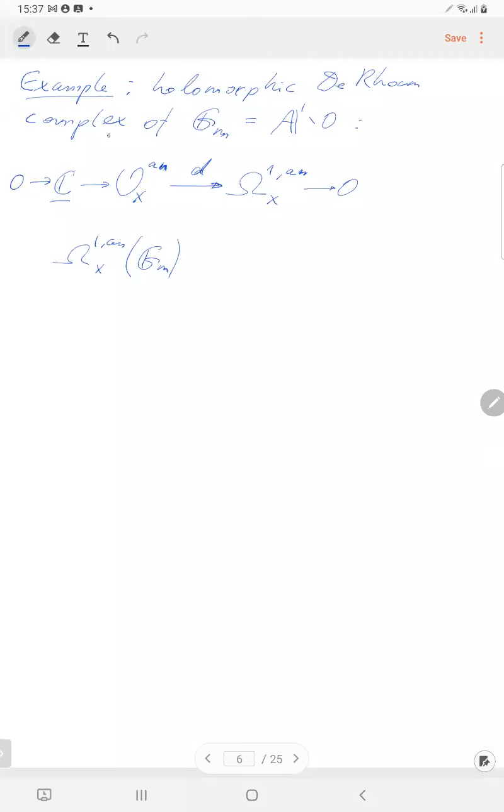Then on this open subset, you can have locally constant functions. Let's say the function which is equal to 0 on the right half plane and to 1 on the left half plane. That's perfectly legitimate.